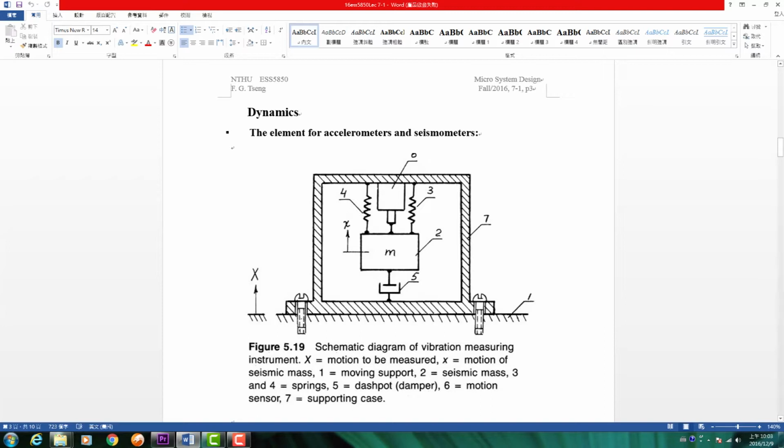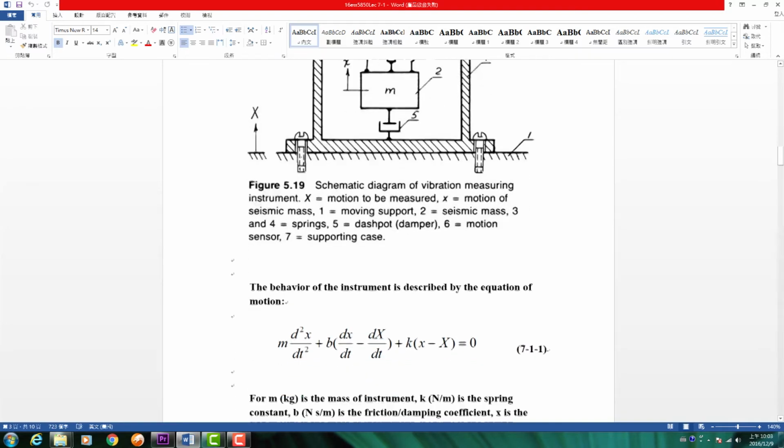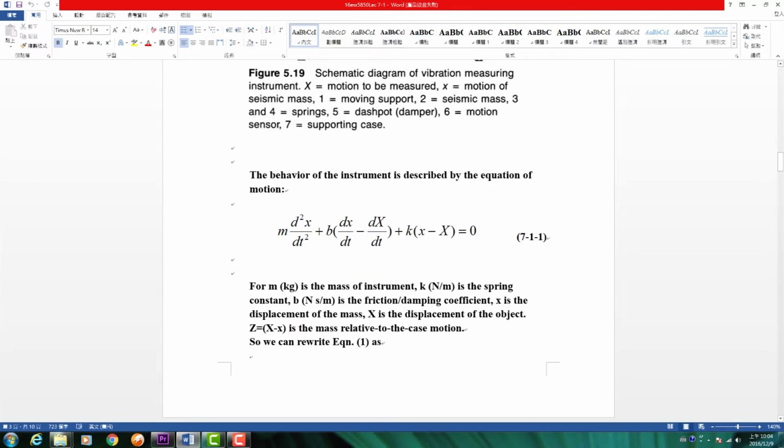So that's the basic idea of how an accelerometer works. Now we go to the dynamic equation. We consider this a force balance condition. That means when you give some force, the acceleration into the system will feel the force from the inertia change, the distance change. So this change will correspond to the inertial force. We use small x to represent the position of the small proof mass, and big X to correspond to the position of the large case.